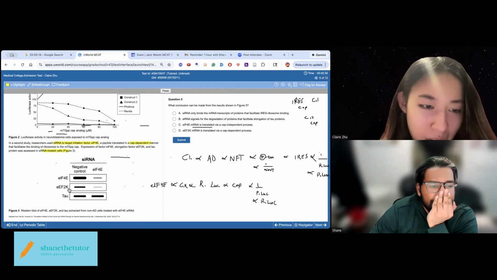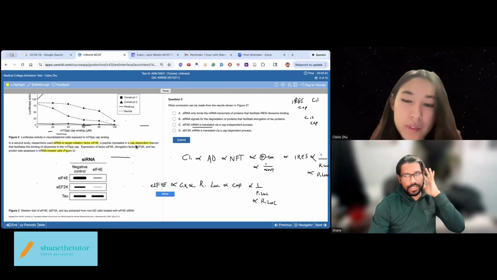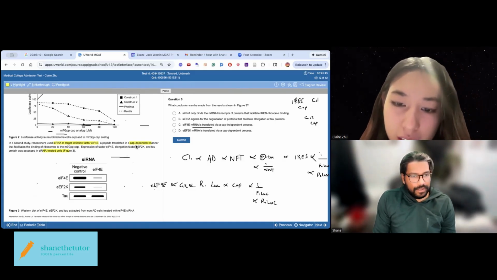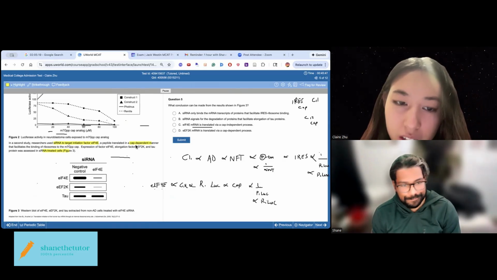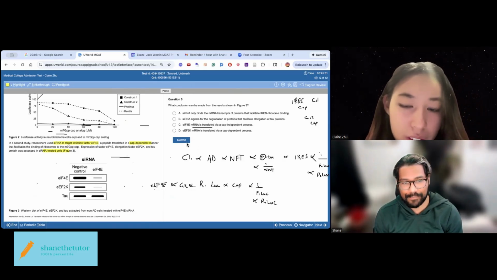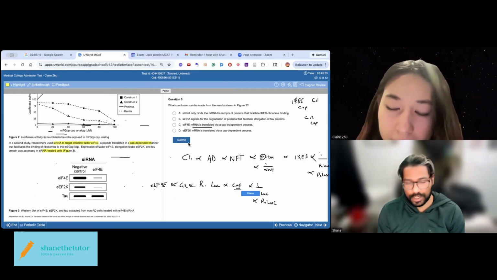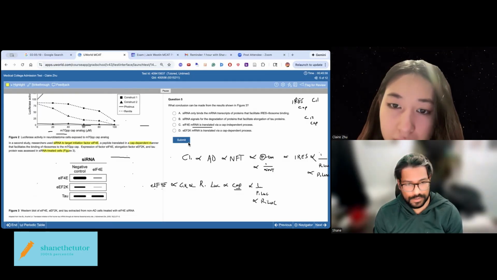So maybe this downregulates that, but it seems like this upregulates tau. Okay, so do you see I put the ELF4E thing here? Because they said that it was a peptide translated in the cap-dependent manner. And this is where the cap stuff is.